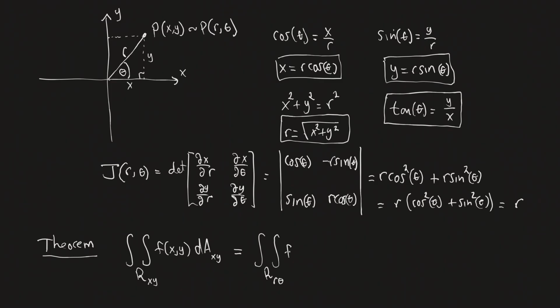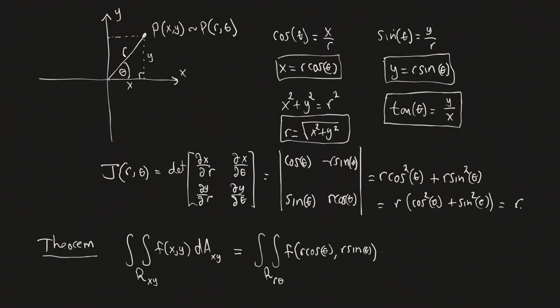And then for our function, wherever there's an x, we're going to plug in r cosine theta. Wherever there's a y, we're going to plug in r sine theta. And then we have to multiply by the absolute value of the Jacobian.